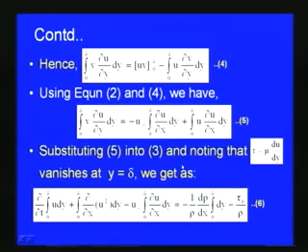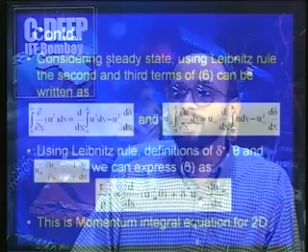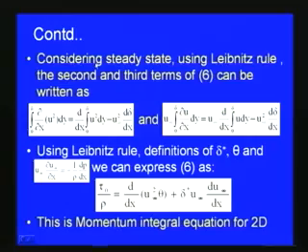Here rho is the fluid density, tau 0 is the wall shear stress at the bottom of the plate, u and v are the velocities in the x and y directions, and delta is the boundary layer thickness.